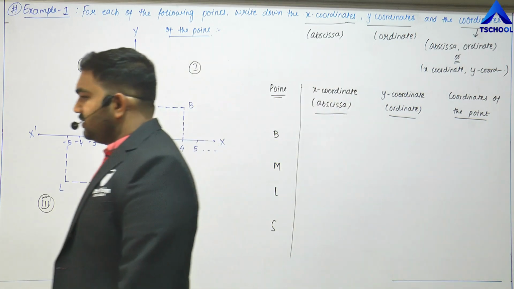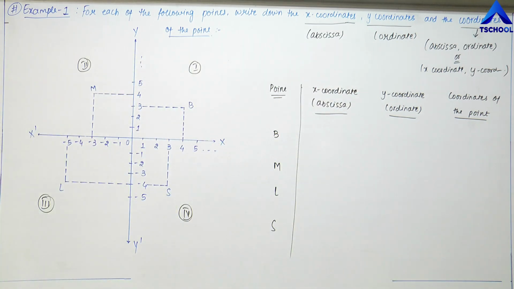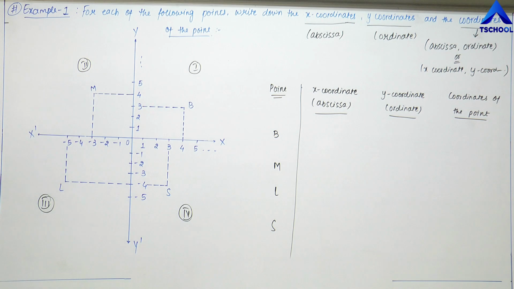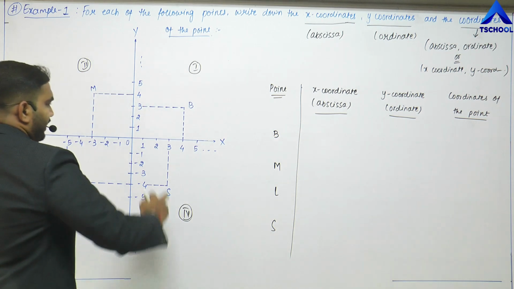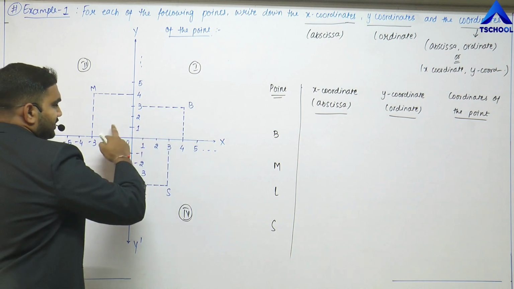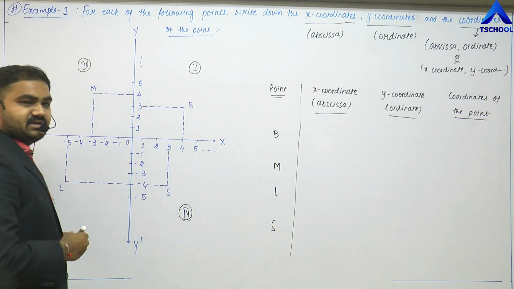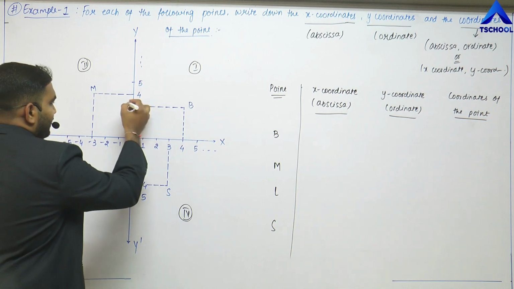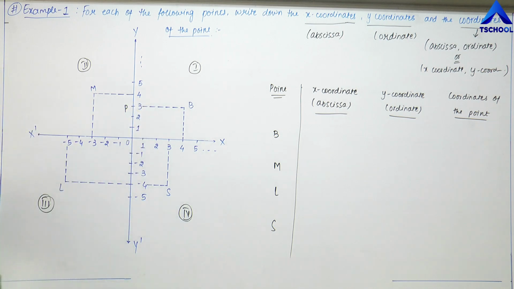So here for point B, what will be the x coordinate? The perpendicular distance of this point from the y-axis is how much? Let me name this point P here, at 3.